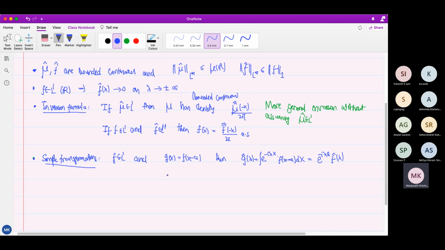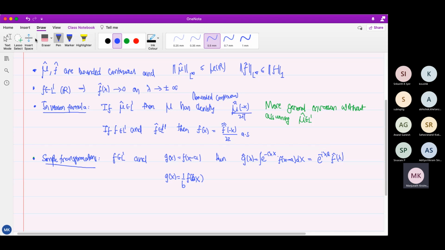Okay, and if you scale a function, let's use a different f of b times x. It is more natural to divide by b so that the L1 norm remains the same.